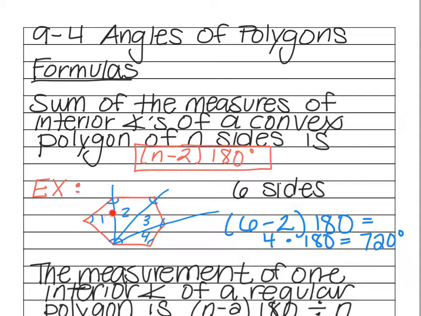If you notice, I have 4 triangles, and so that's why we subtract 2 here, because that gives me 4, and we know that all of the angle measurements of a triangle add up to be 180. So that's why we multiply 4 by 180. The book does a great job proving why, if you're interested in knowing more about why the formula works and how they add up to be 180 in order to find the formula.